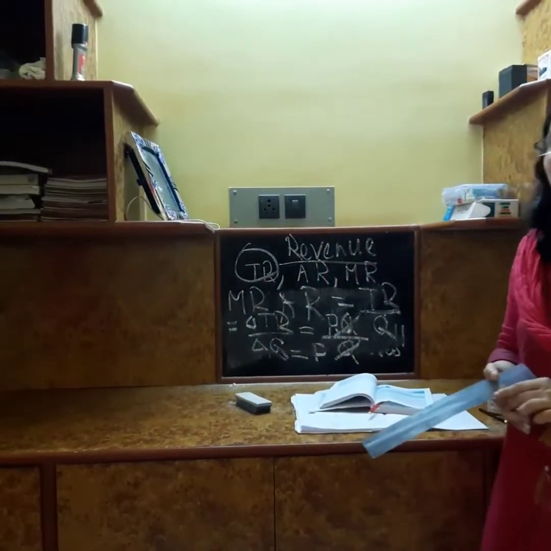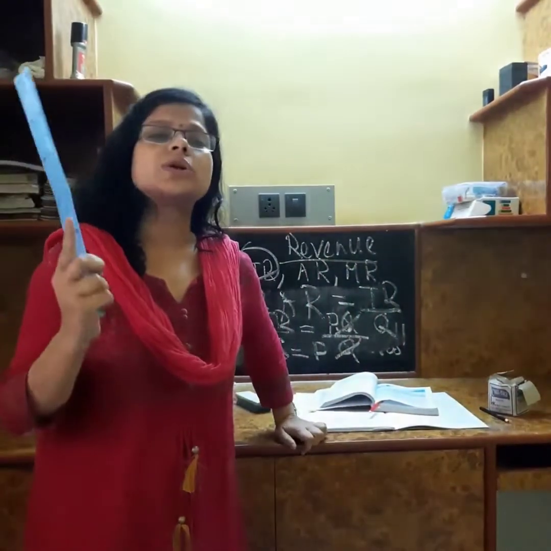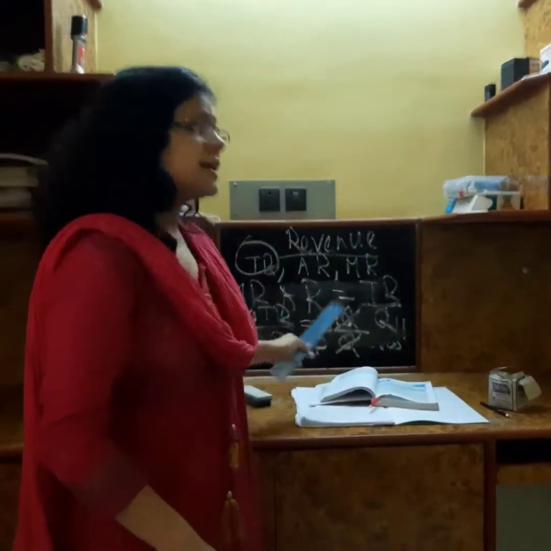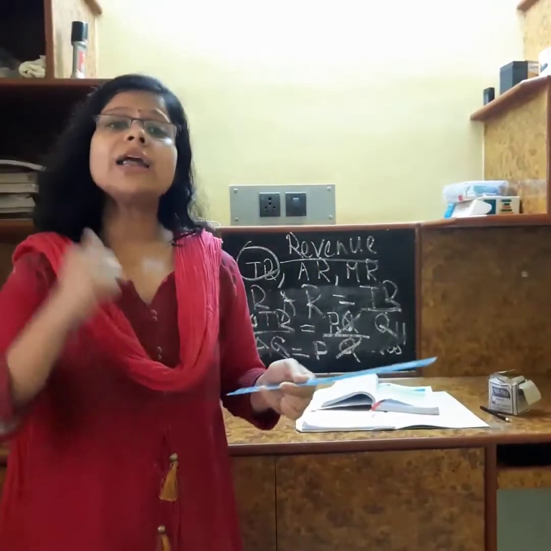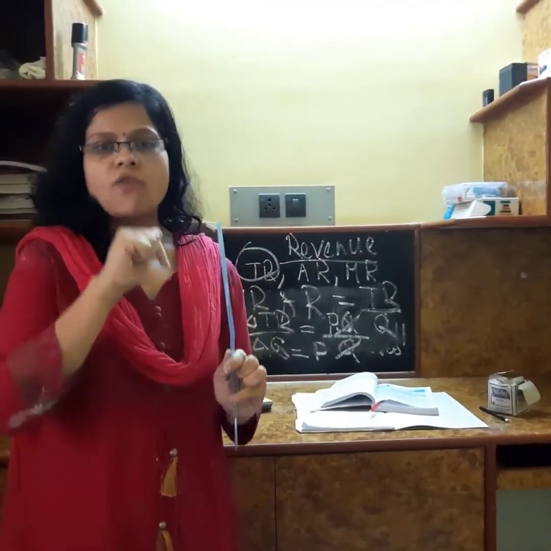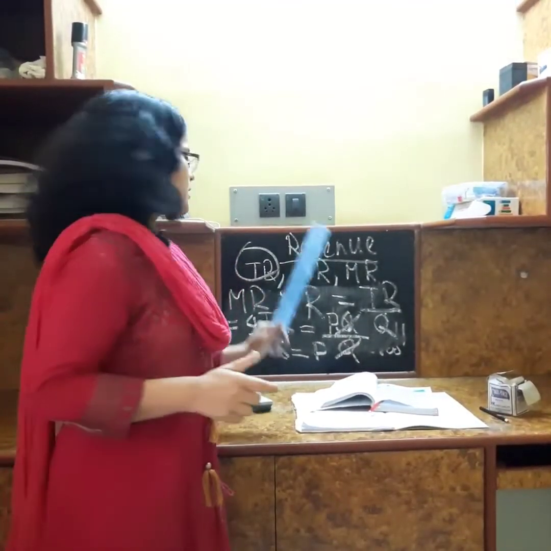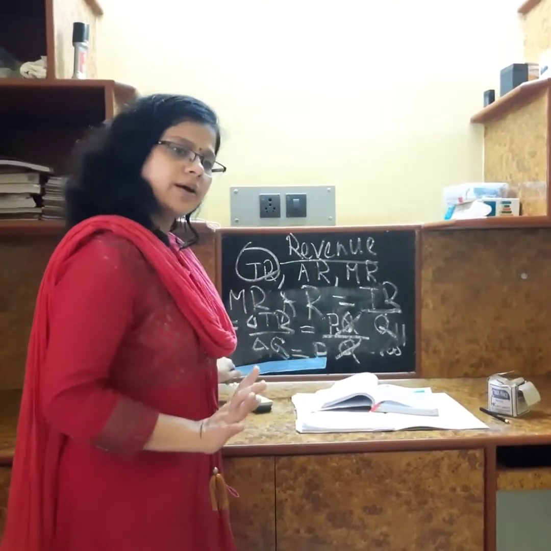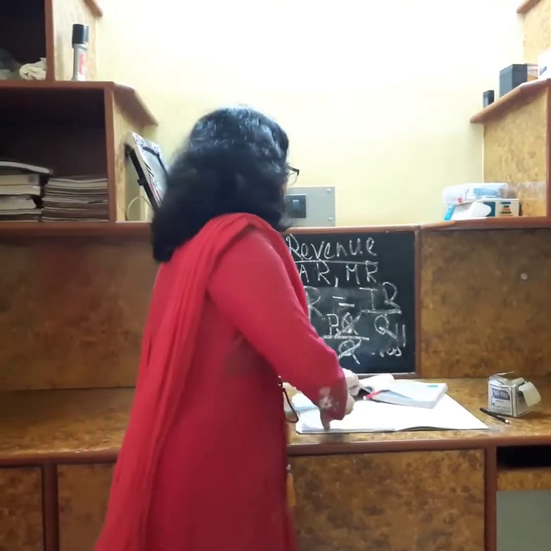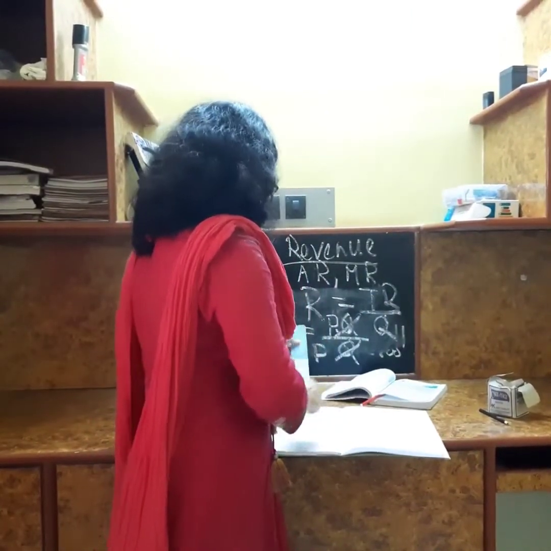So we can say MR means change in total revenue, that is delta TR, due to 1 unit of additional output sold, that is delta Q. Clear? So we have got 3 concepts: one is TR, one is AR, and one is MR.